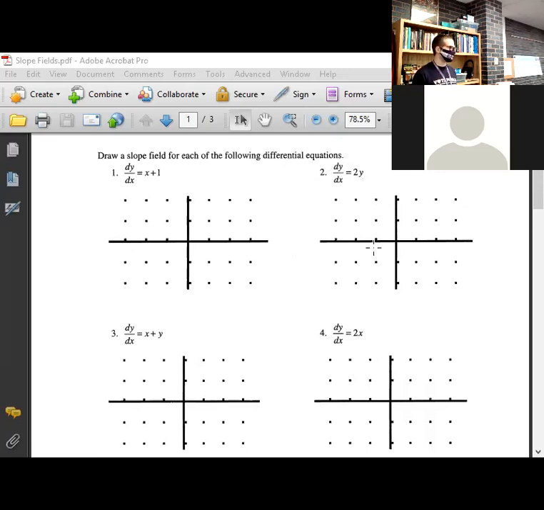I'm going to pick a coordinate and assume it has integer values. So I'm going to pick this one right here. That coordinate should be -1, +1. All right, so I take the x and y coordinates of that spot and plug those values into the differential equation. Notice this differential equation only has y in it, so I really only care about the y coordinate of this spot.